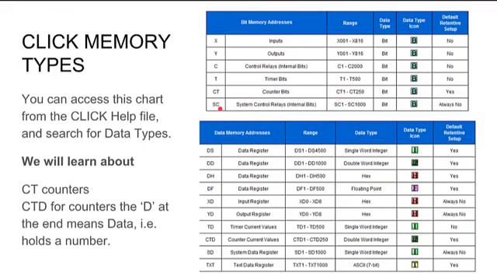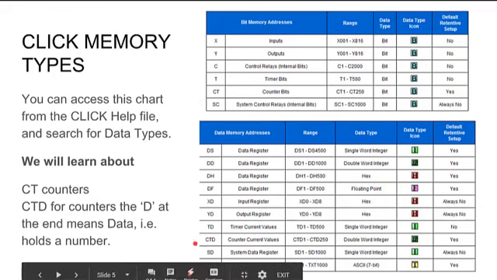We haven't looked at the system control relays, the built-in ones, and they have a series of 1,000 of those. And for the data memory addresses, we're just going to look at CT. Remember, that was a counter bit that says the counting's done. But down here, CTD is the counter current value. Oh, how many cars have come into the parking lot?